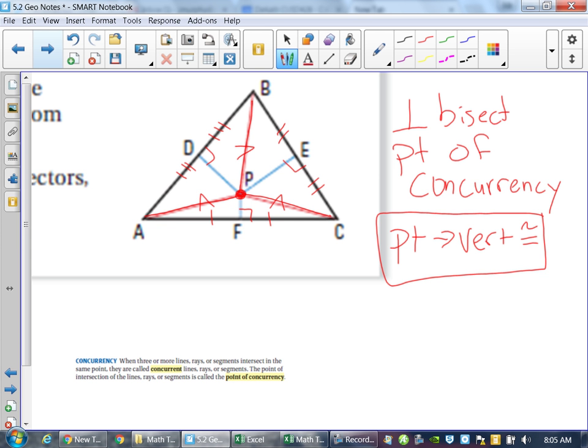Whenever we have these, it's these 3 segments here. Point to vertex. They're all going to be the same.